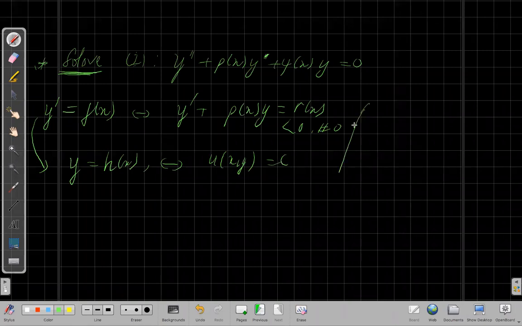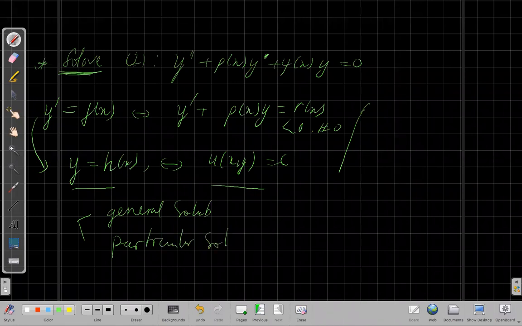We already learned this in the previous lesson. So this is the solution, and we have one solution, namely the general solution or particular solution, which means we can choose an arbitrary value of c.